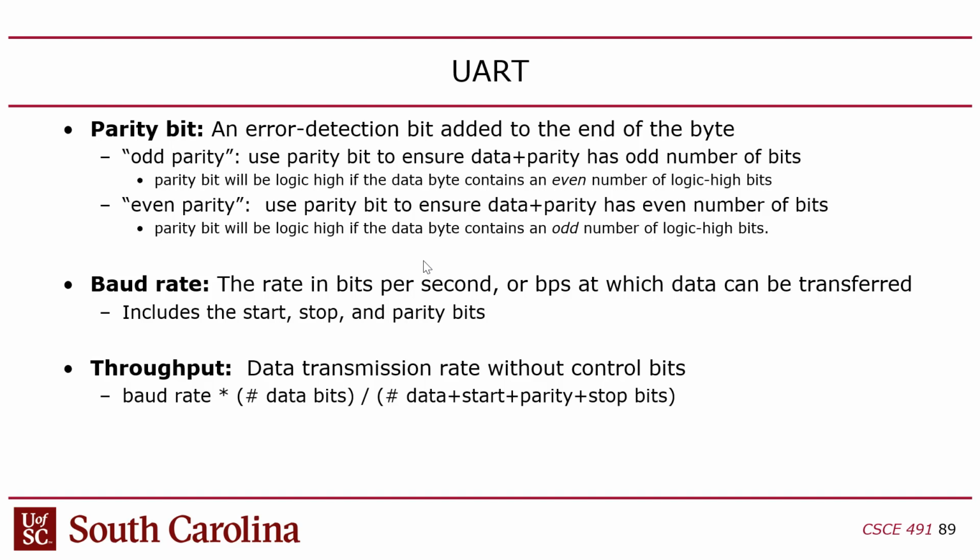Well, the thinking behind that is if you have an even parity bit, what you're supposed to do is count the number of 1 bits that are in the data and the parity combined, and that should be an even number, right? And so as a result, if my byte I'm sending has an odd number of 1 bits, I'm going to set the even parity to 1 to make the overall number of 1 bits even. Does that make sense? And then odd is the same way. For odd, I would set odd parity to 1 if there's an even number of 1 bits in my data, because once I do that, now I'm guaranteed to have an odd number of overall 1 bits.